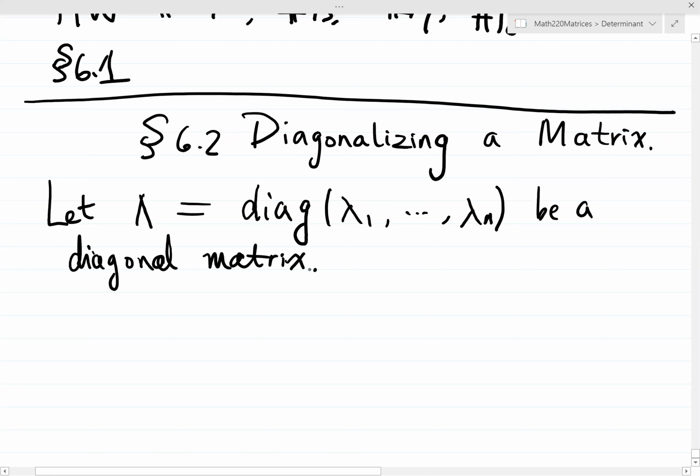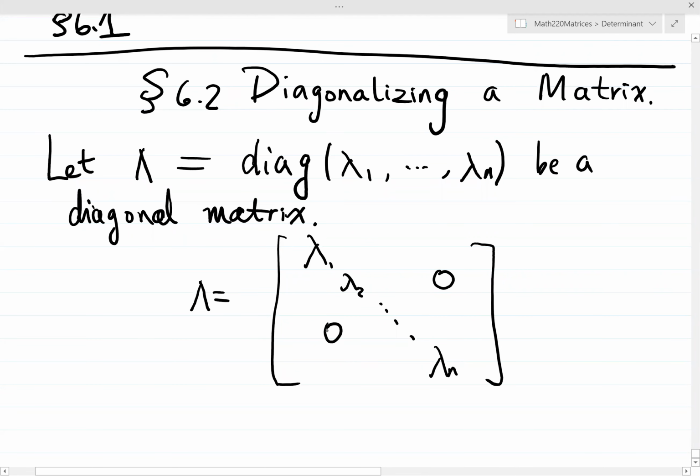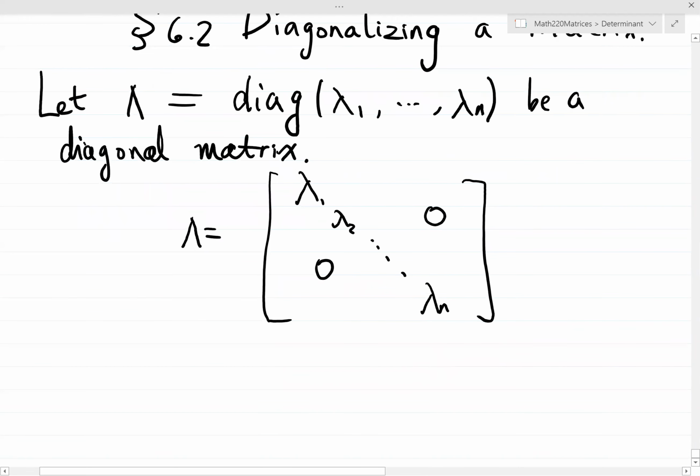If you write it in this form, Gamma is an n by n matrix with lambda 1, lambda 2, ..., lambda n on the diagonal, and all other entries are 0. Remember, once we have a matrix, it gives us a rule: you input a vector, and output a vector by multiplication.